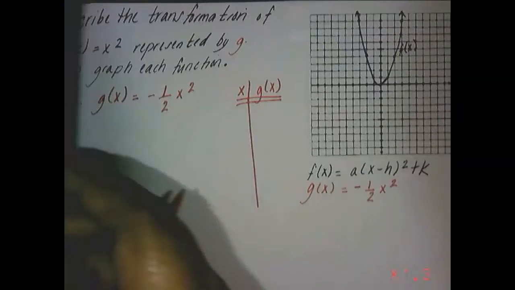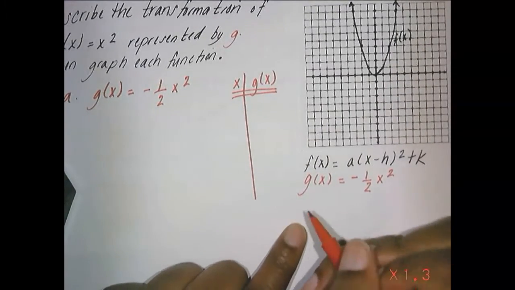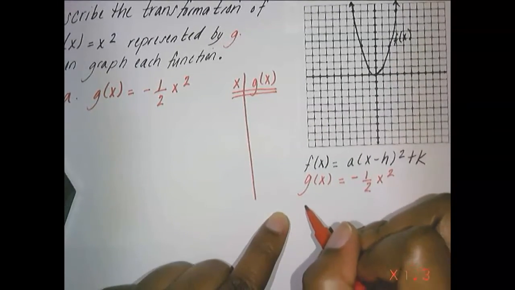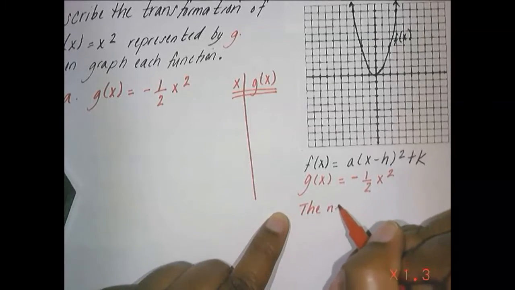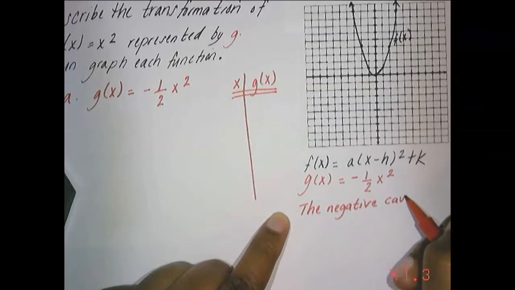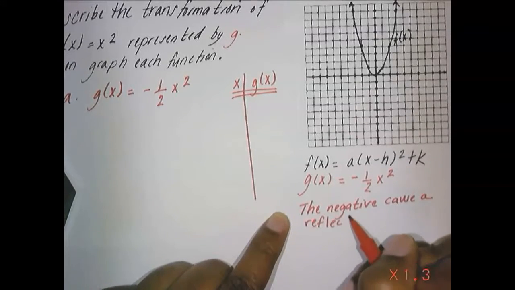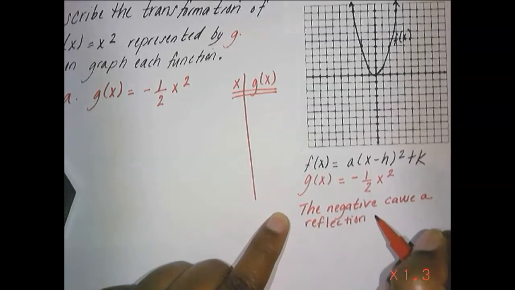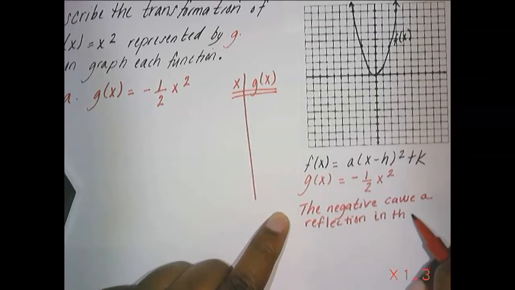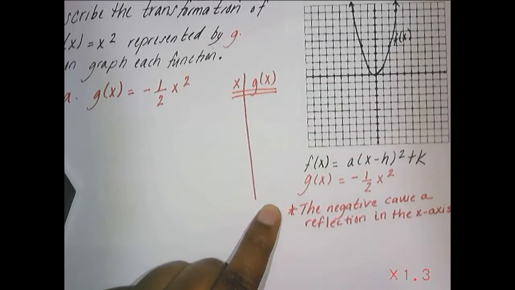One thing that we know for a fact is going to happen, and I can write it out: the negative causes a reflection across, or in, the x-axis. Okay, so that's one of the things that's going to happen here.